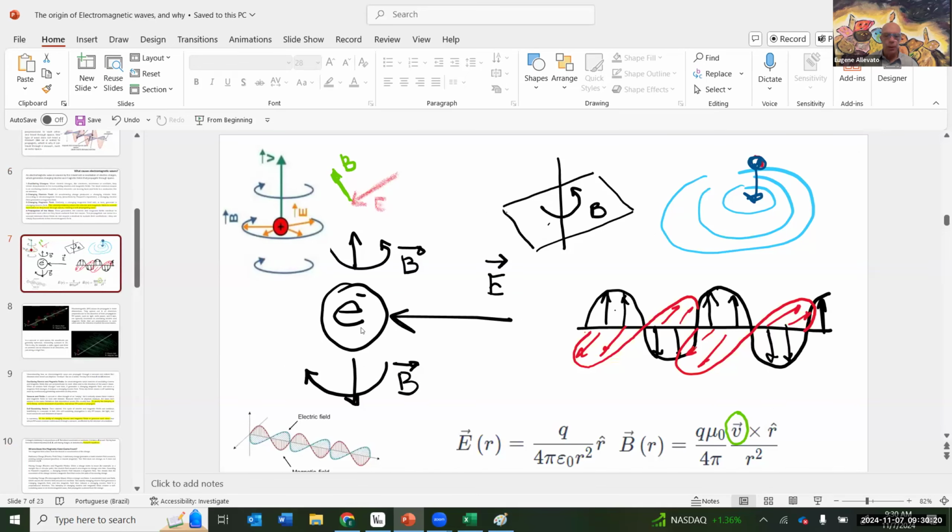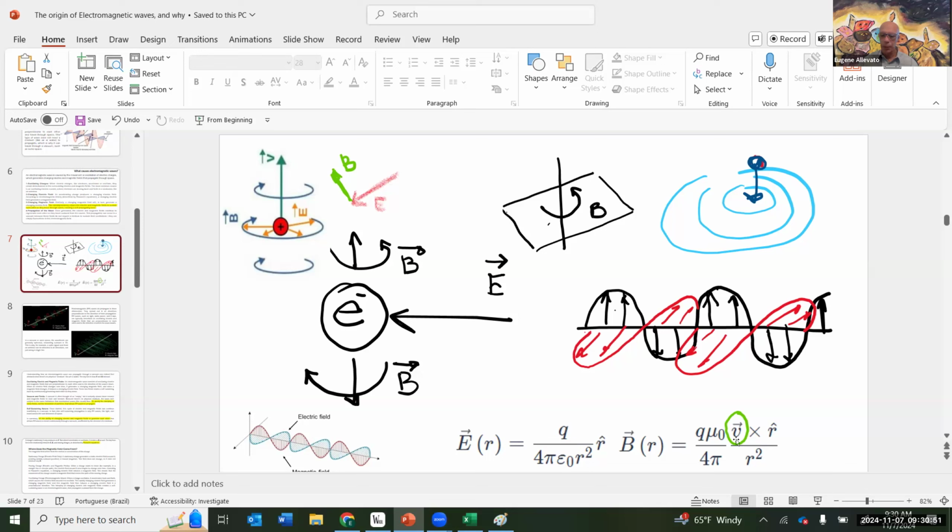Yeah, I need some drawings. By the way, I already posted this on Canvas. So here you see the electron moving up and down, and the electron has an electric field, and the fact that it's moving up and down, it generates a magnetic field that is perpendicular to this motion. Here we have both equations for the electric field and magnetic field.